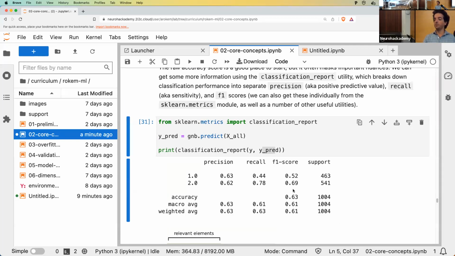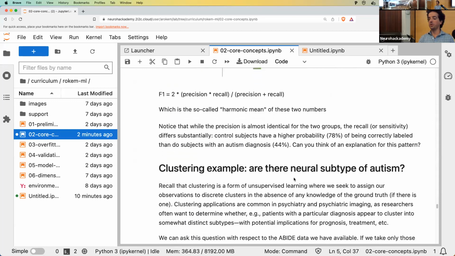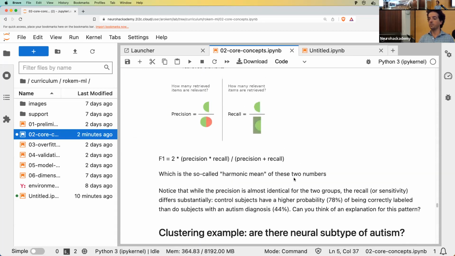But the F1 score is slightly lower than that, and it differs depending on whether you are looking to classify individuals who do have autism or individuals who do not have autism. So all that adds additional subtlety to the way that we interpret classification results.